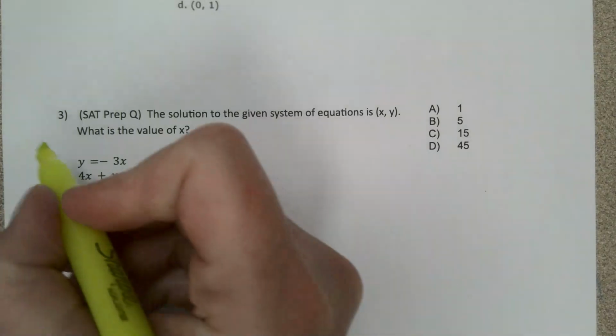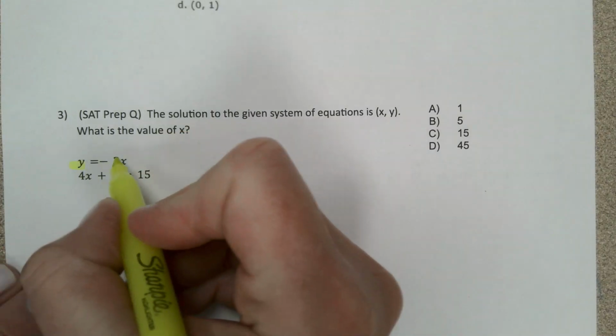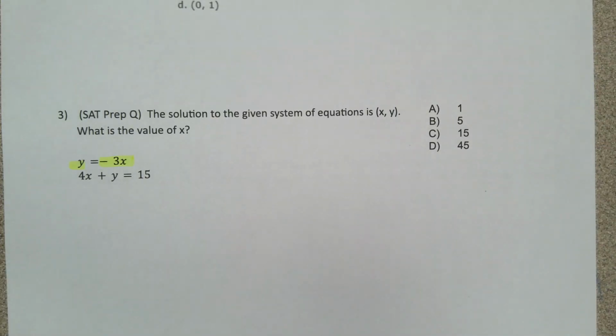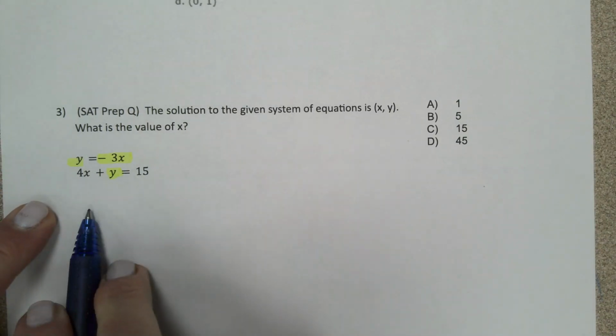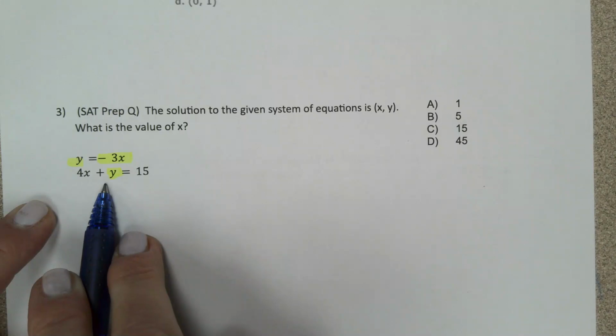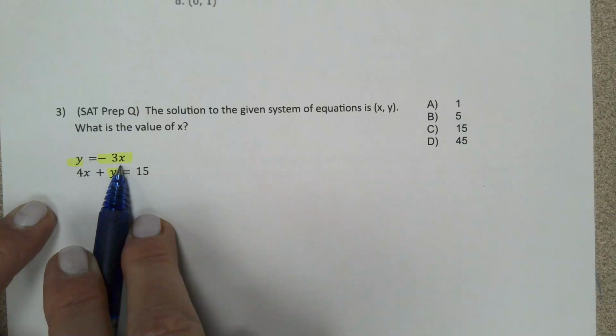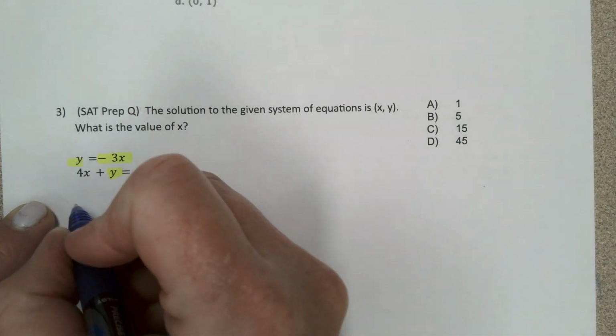So when we have substitution, you want to get one variable all by itself. So y is already by itself. All the yellow highlights mean the same thing. In this second equation, I'm going to substitute. I'm going to get rid of y, and I'm going to use negative 3x instead.